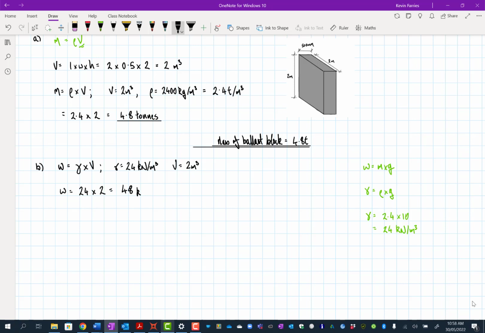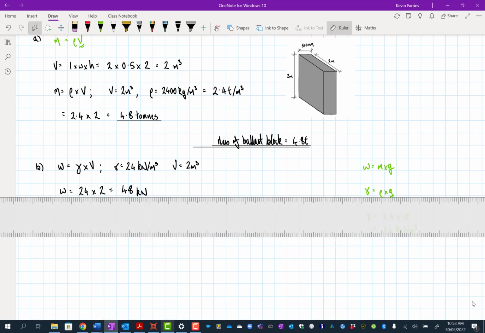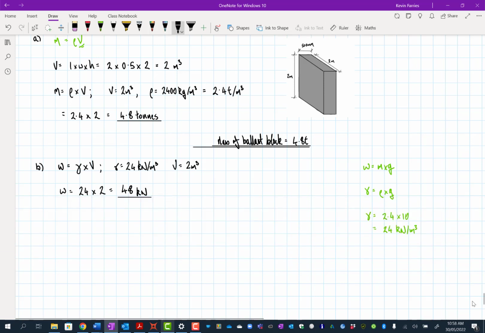We've calculated our weight, so it must be in kilonewtons. And so weight of block is going to be equal to 48 kilonewtons.